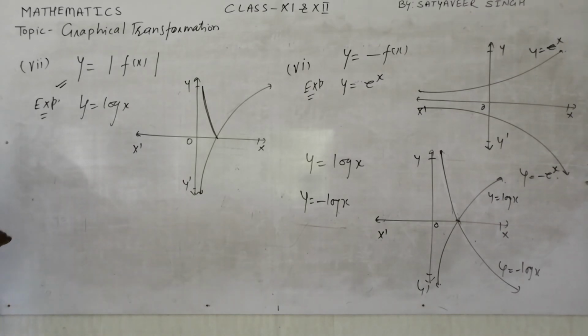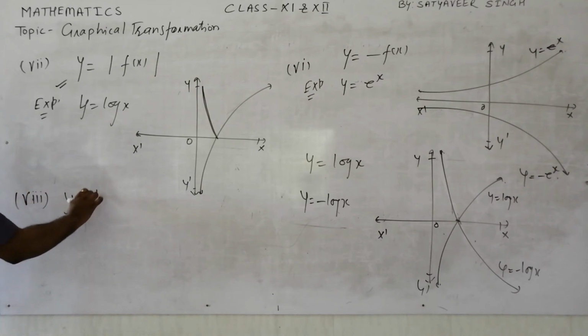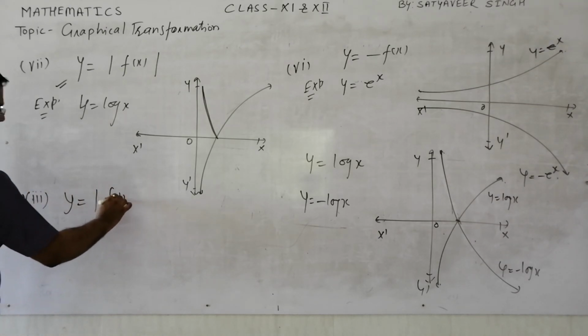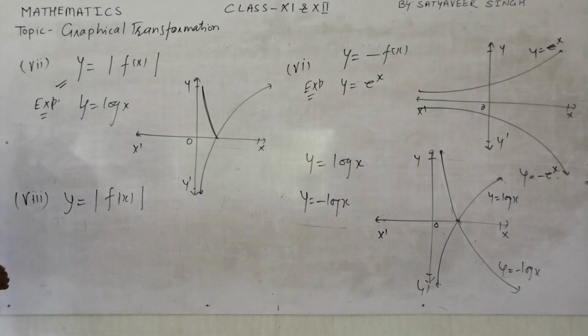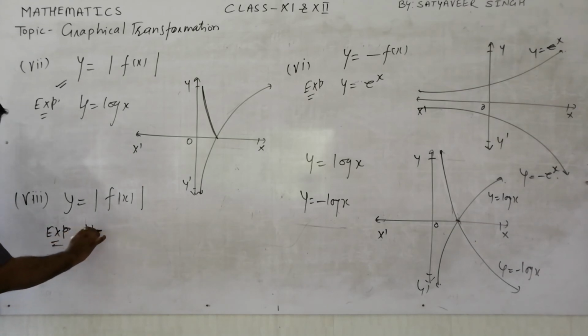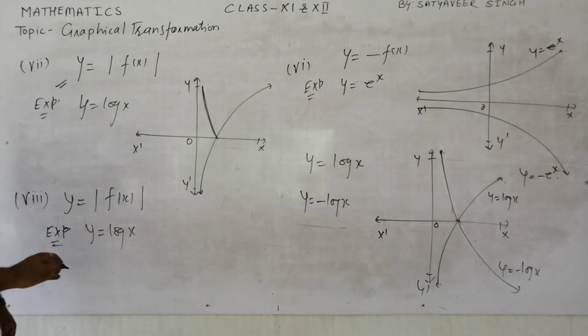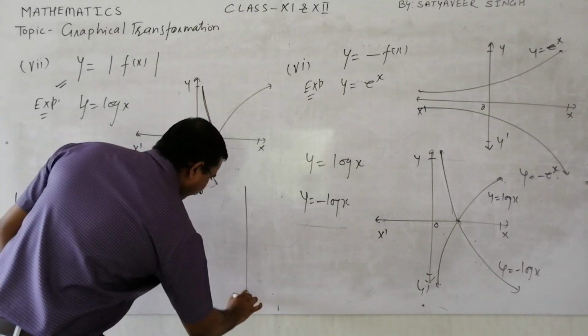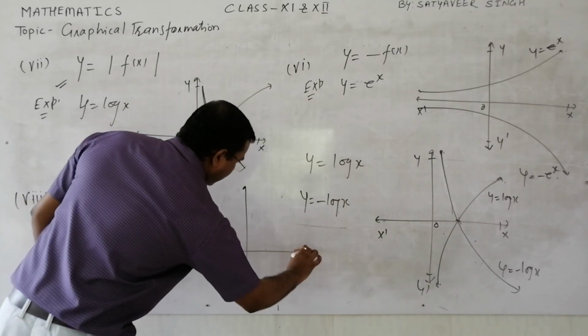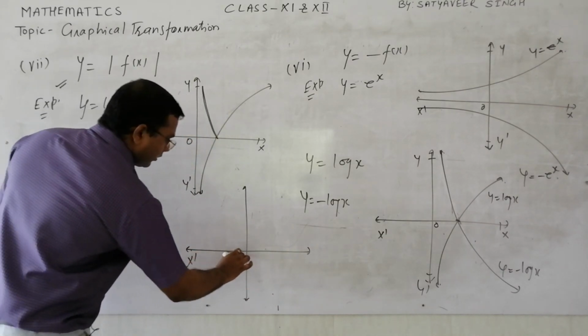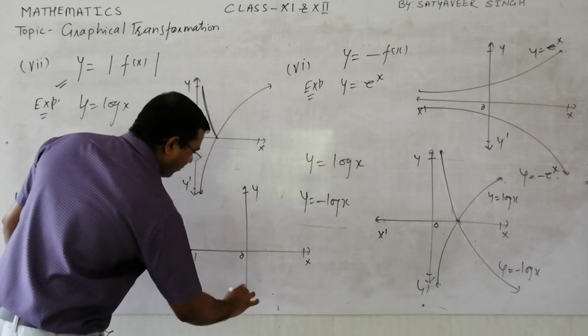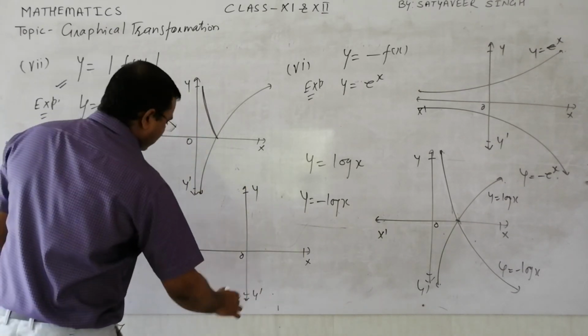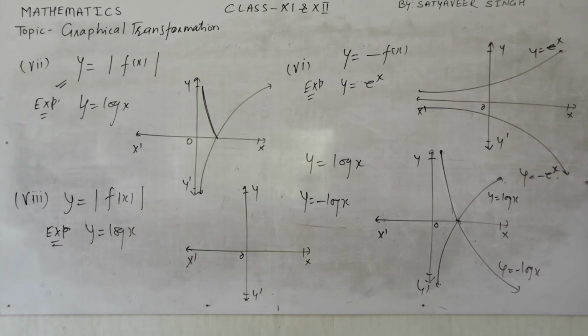At the same time, one last thing I can discuss with you, this is also possible: modulus f of modulus x. Here also I am taking the example of log x only, y is equal to log x. So see students, I am taking the Cartesian plane, and this question also you will have to do in two parts.